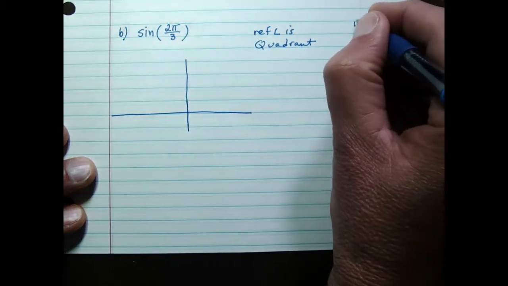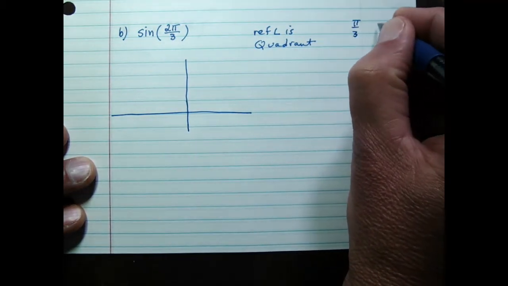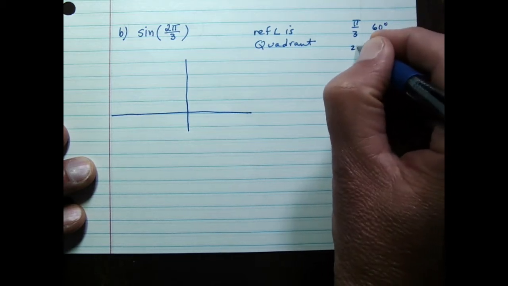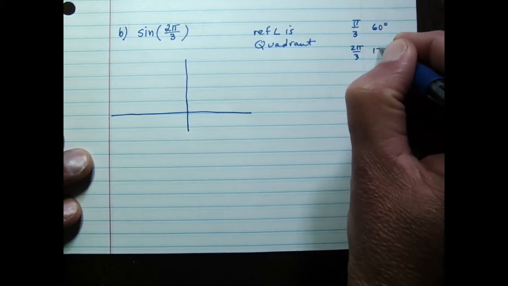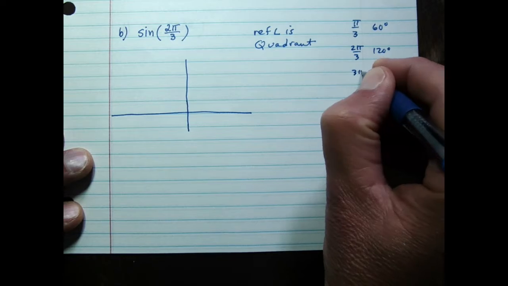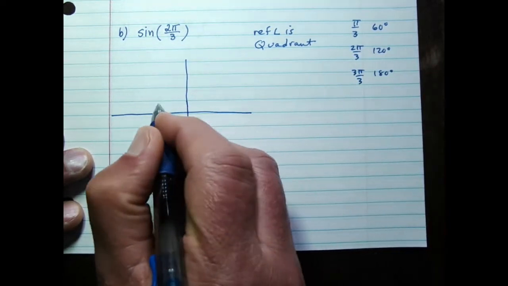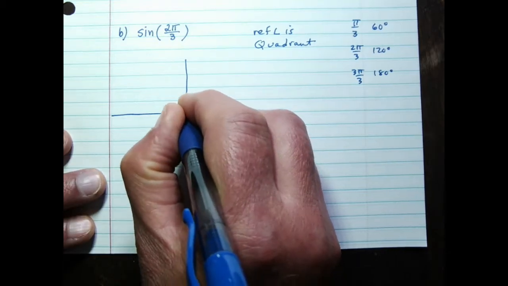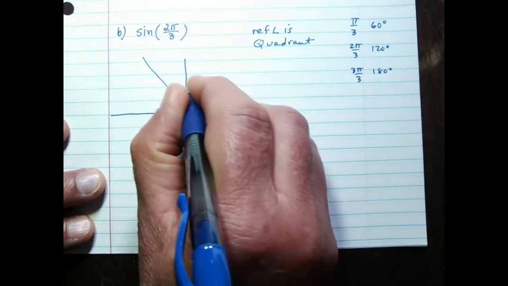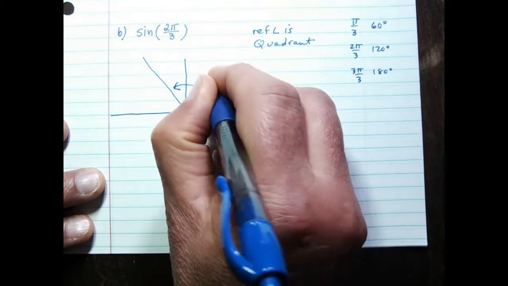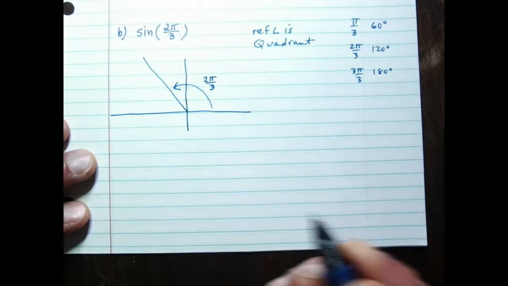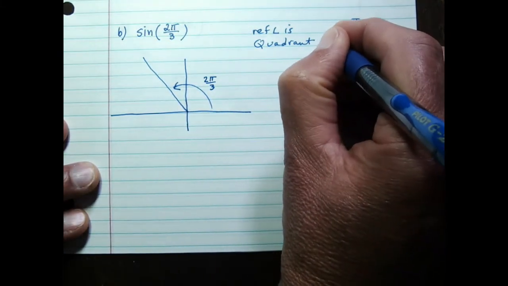So pi over 3 is like 60 degrees, right? 2 pi over 3 is 120 degrees. 3 pi over 3 would be 180 degrees. So I know I'm going to be in quadrant 2, right, with 2 pi over 3. And so the quadrant is 2.